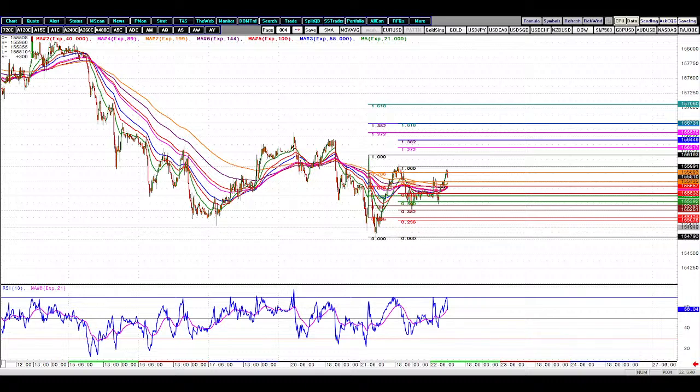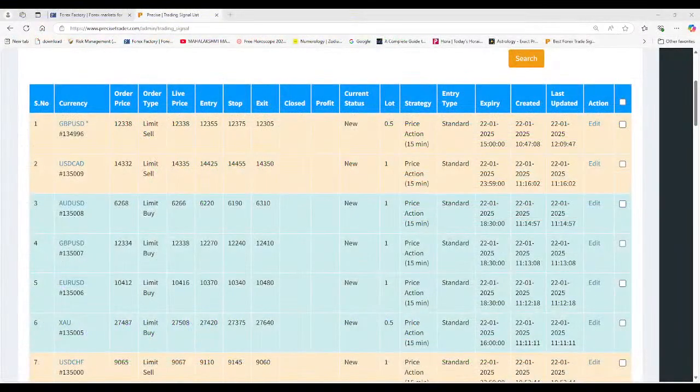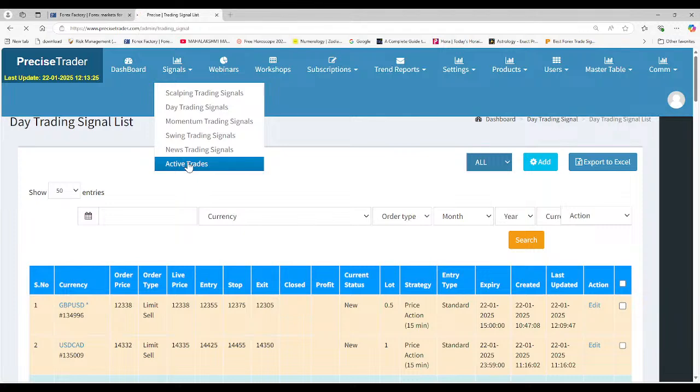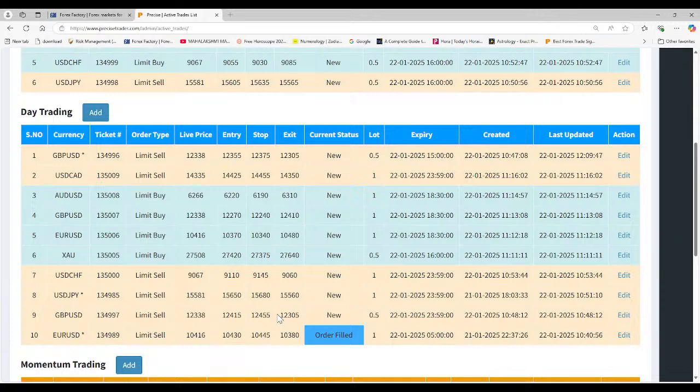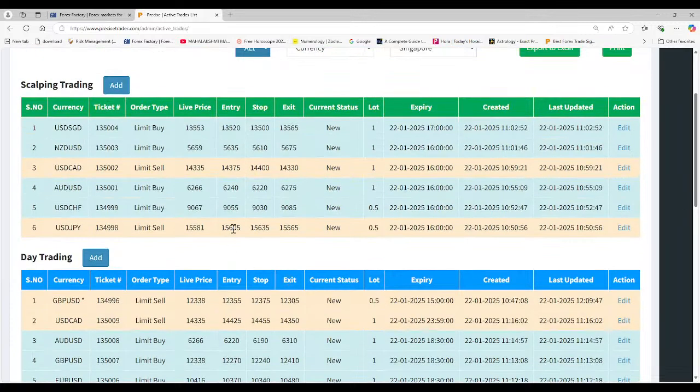Let's see. Okay, we have put a sell order at 15605 and 15650. 15650 is one lot. 15605 is a half lot.